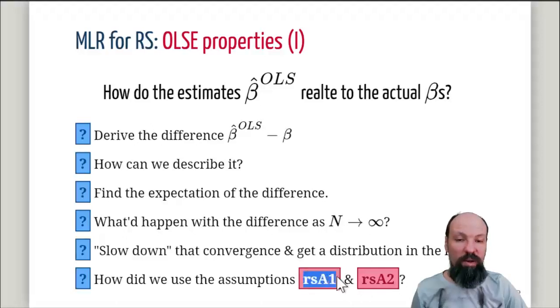But more importantly, without IIDness of the observations, we don't get those convergences, like the consistency of estimates, the convergence of the difference to 0. And we are not able to apply the central limit theorem, and we are not able to say anything about the distribution, unless we apply something else, of course, or we know something about the dependency.